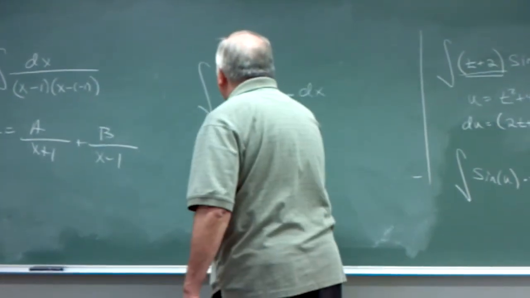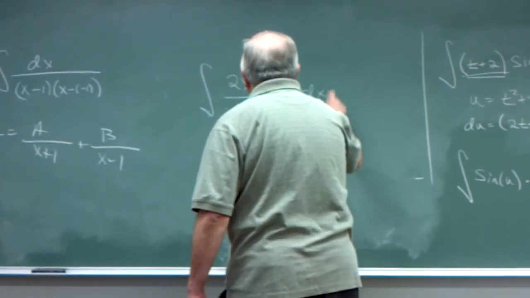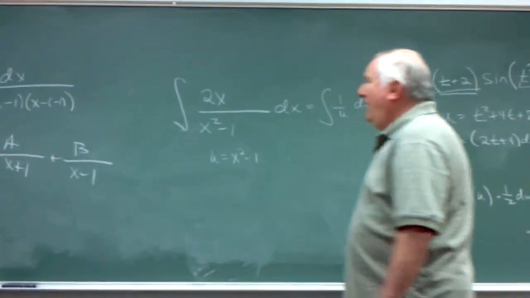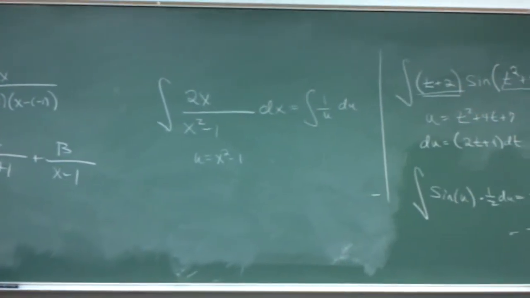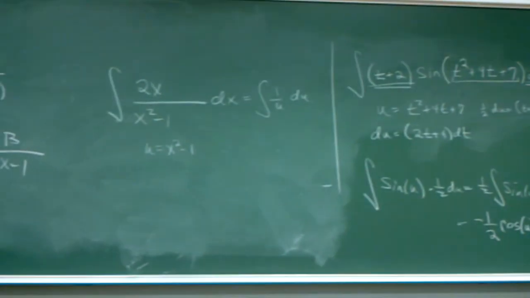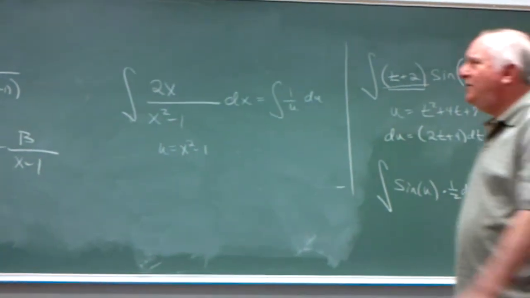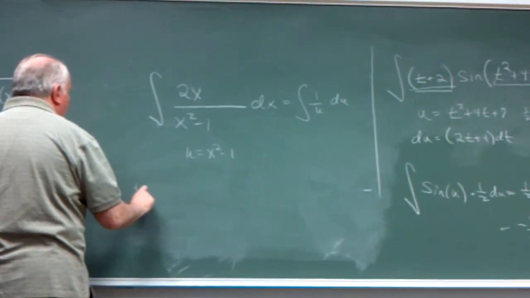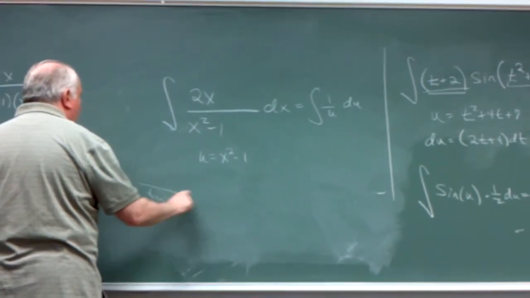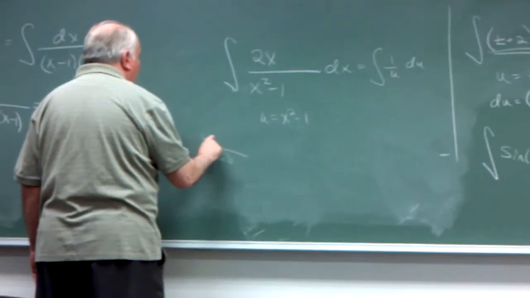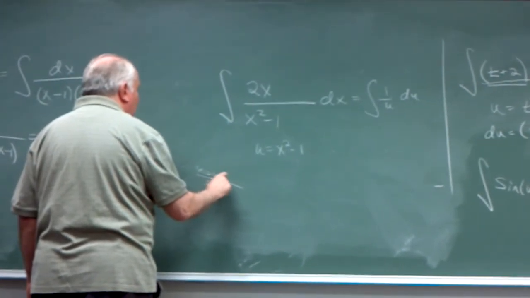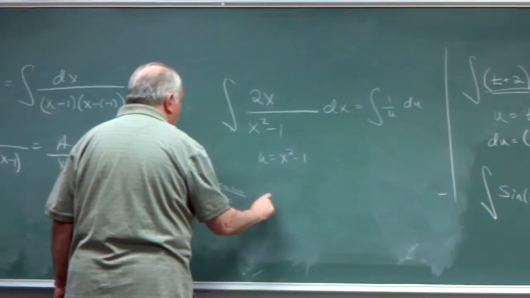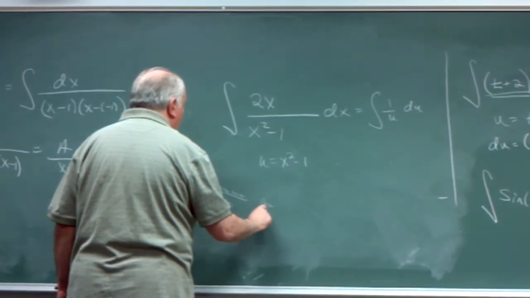you try to do this by a trig substitution. Just let me see if it turns out to be particularly complicated. The bottom would become tan squared. The top would become secant times secant tan, which would be secant squared over tan, which would be 1 over cosine times sine over cosine, which would be cosine over sine.